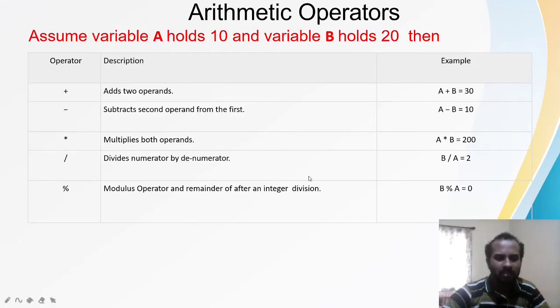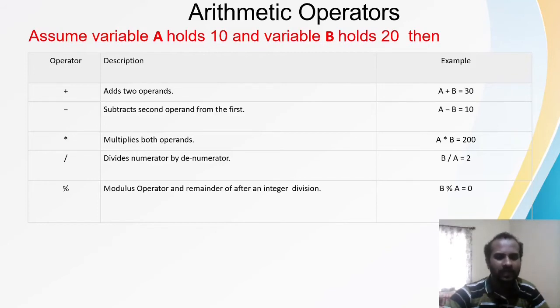You can perform all the arithmetic operations on integer operands, real operands or mixed operands, but the modulus operation cannot be performed on real operands or mixed operands. The modulus operation can only be performed on integer operands. Why? Because you will not get a proper remainder.